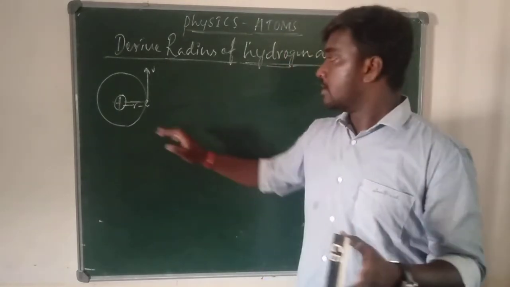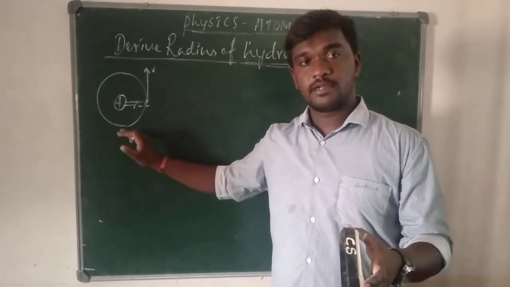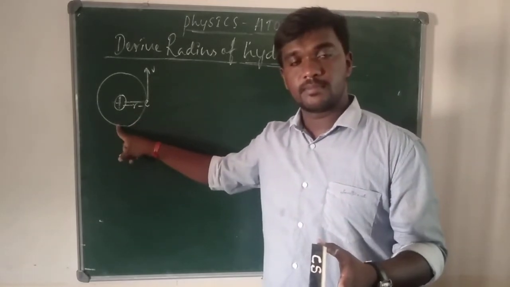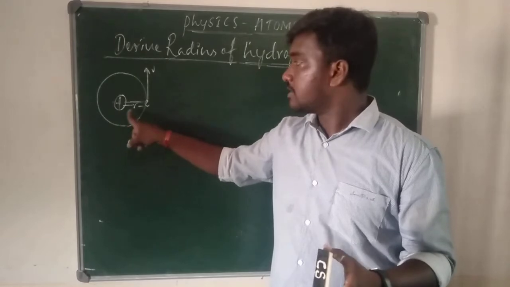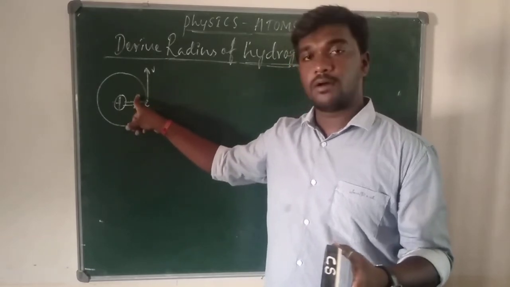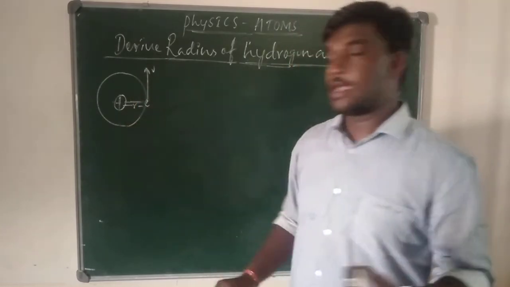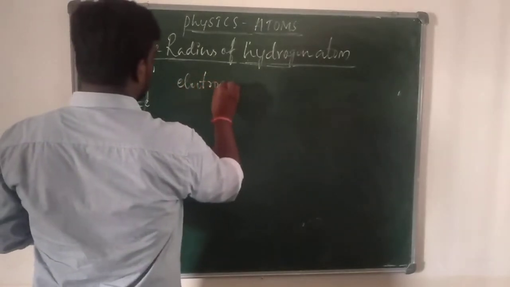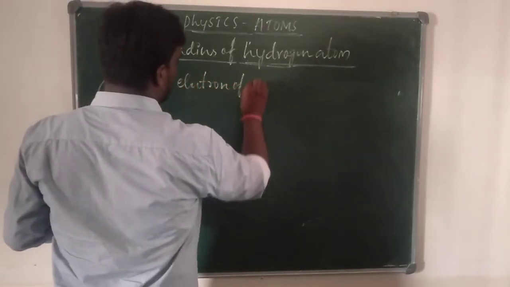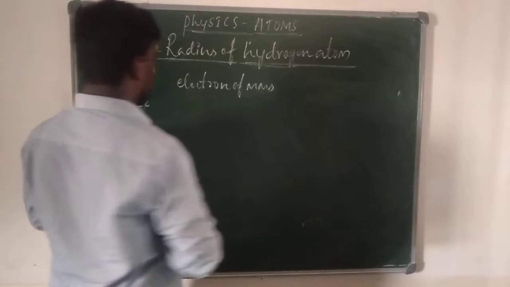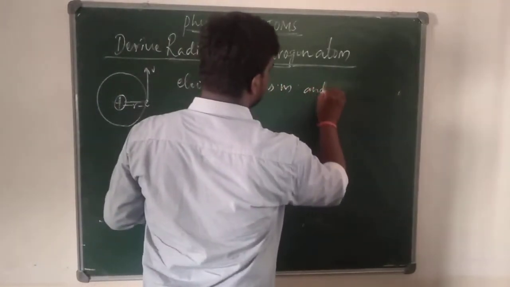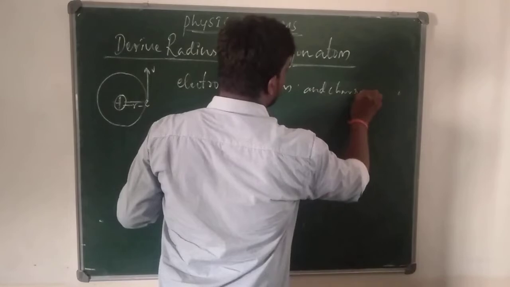Here, this is the atom, consisting of a nucleus. The electron of mass m and charge e.